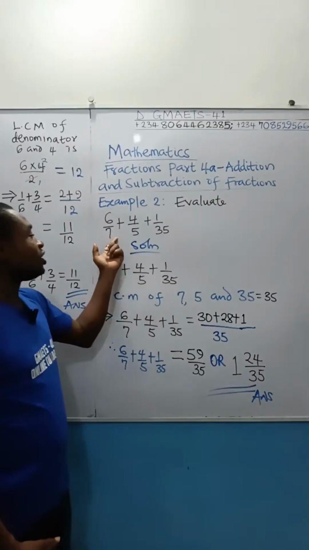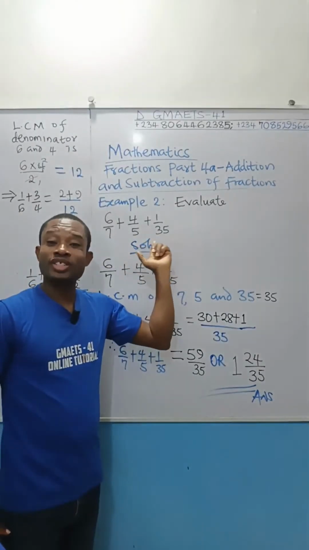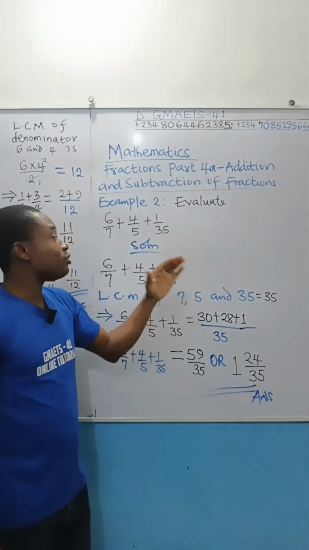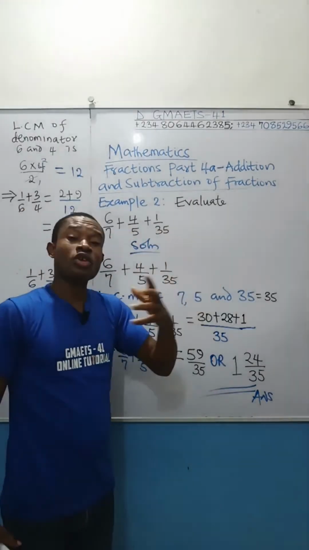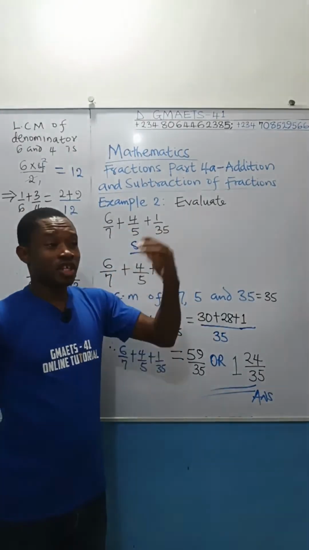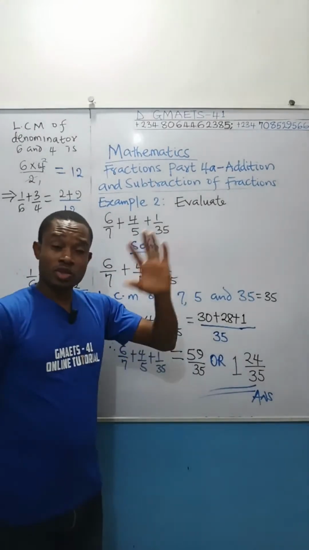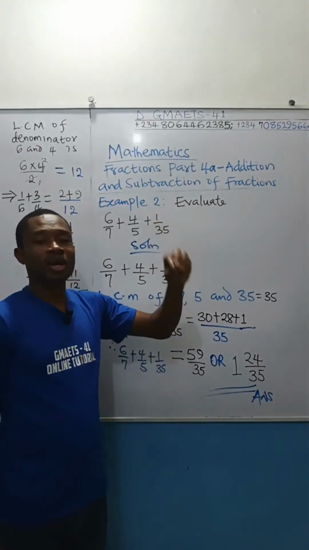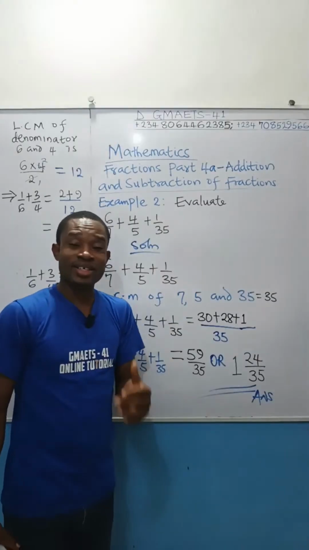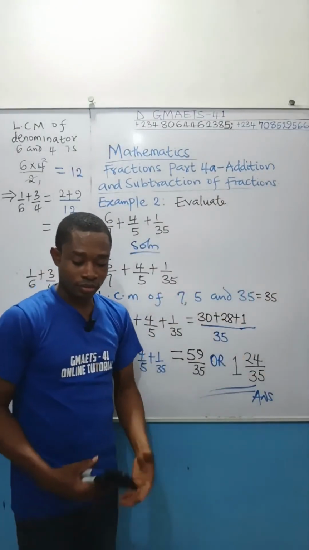So how I obtain this LCM is very important. Anytime you have denominators, you have numbers, you want to get their LCM, check the smaller number and the bigger one. If the smaller one can divide the bigger one without remainder, the LCM is simply the bigger one.